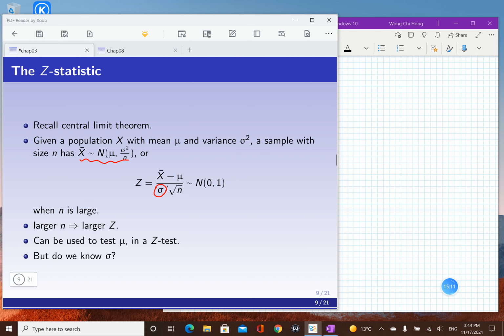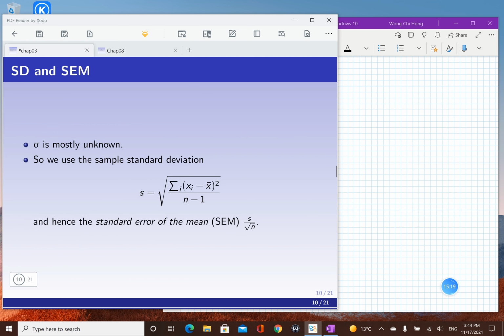We usually only have a sample standard deviation instead of a population one, in which case we're using our sample standard deviation S instead of sigma.